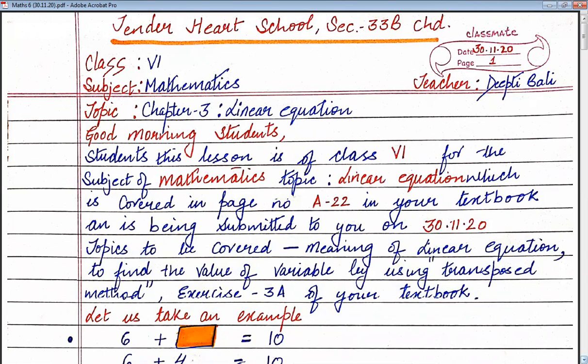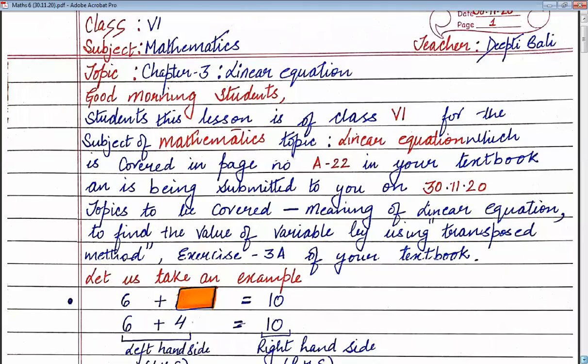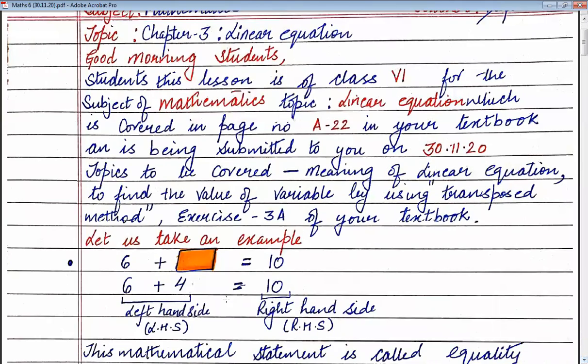So let us start today's lesson by taking a simple example. Now children, look at the very first example, that is 6 plus dash is equal to 10. Can you tell me what will come in this placeholder so that your answer is equal to 10?